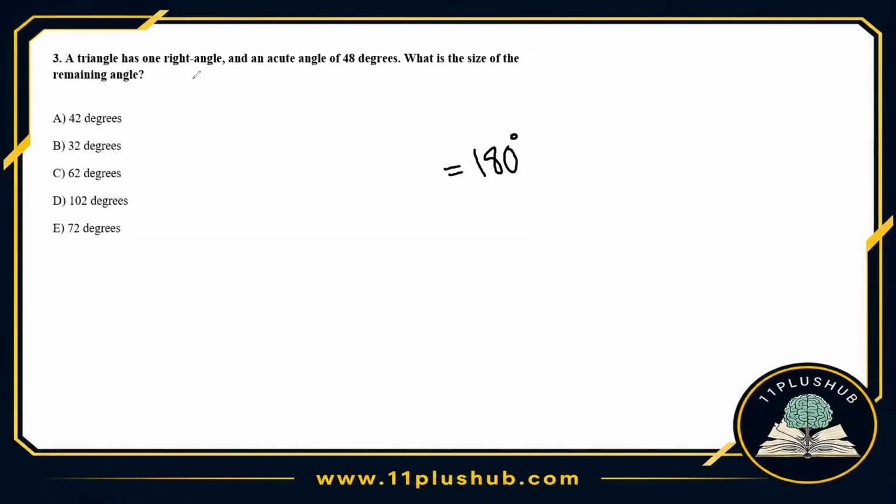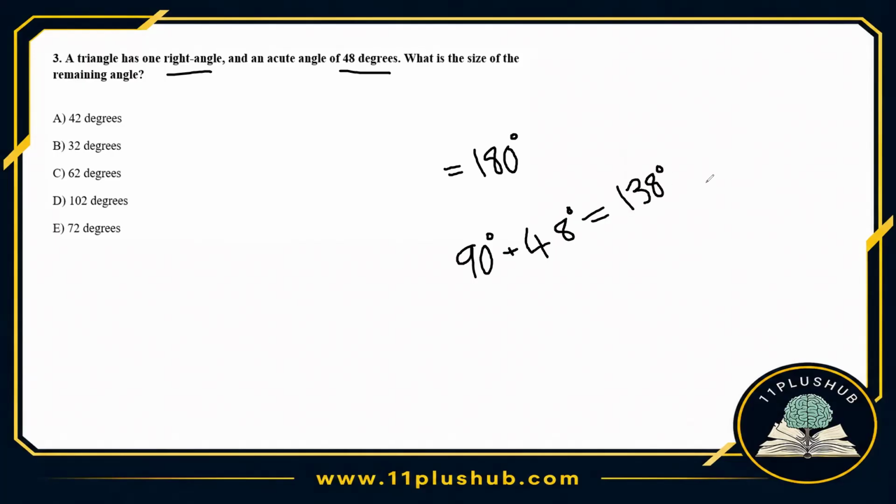Now, if we're told that it has a right angle, it's telling us that one of its angles is 90 degrees because a right angle is always 90 degrees. It also tells us that the triangle has an angle of 48 degrees. So we've got 90 degrees and 48 degrees. If we add them together, we get 138 degrees.